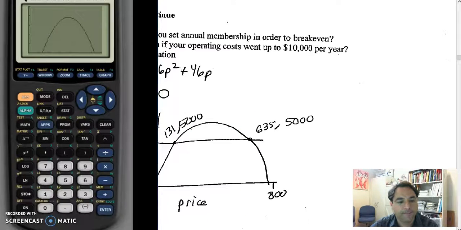So in the calculator, we're trying to find maximum, so we do second trace, maximum number 4, enter, left, go to the right of it, enter, guess where you think it is, enter, and we find that we maximize profit at $383.33, where the most profit, after covering cost, is $3,816.67.